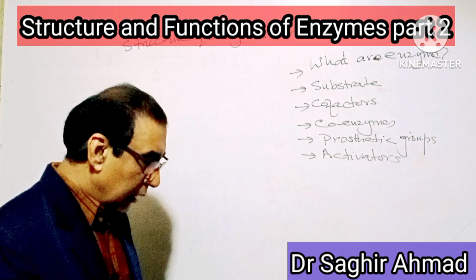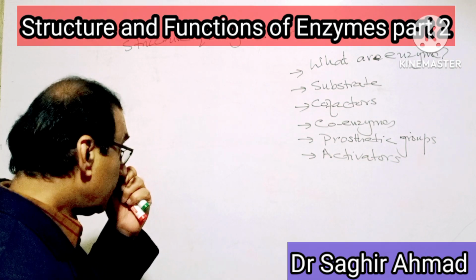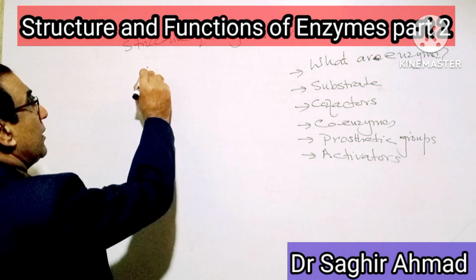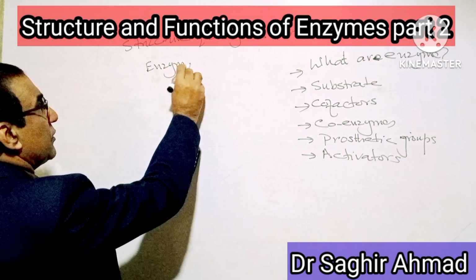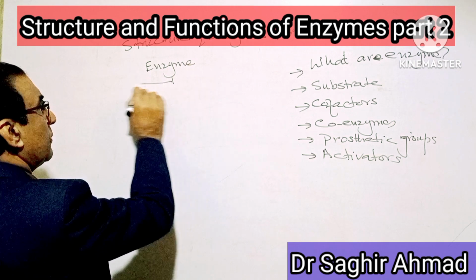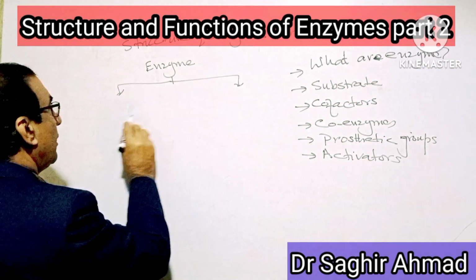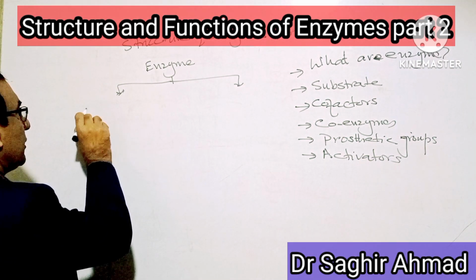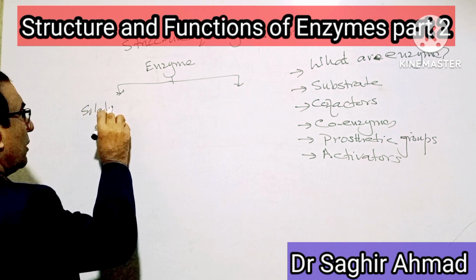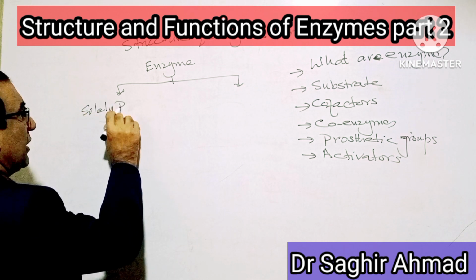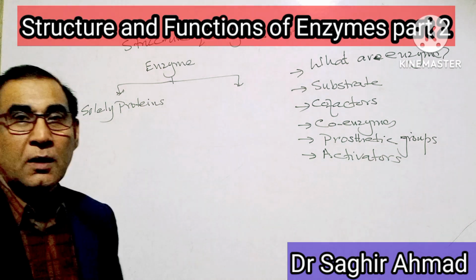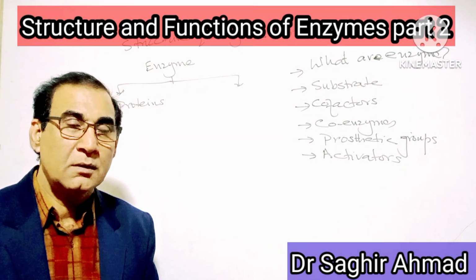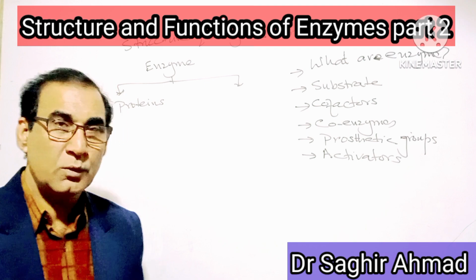I told you people last time that enzymes are of two types by their structure. One which are solely proteins. For example, pepsin, that is solely a protein molecule.